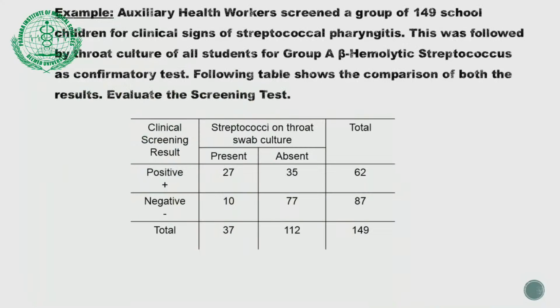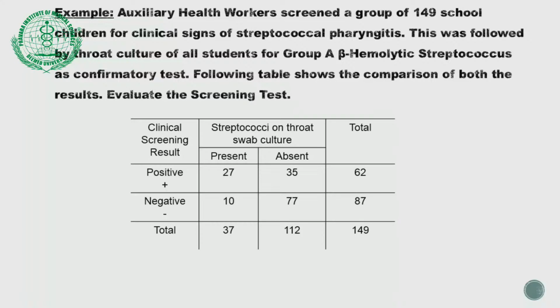Now that you know how to calculate the specificity, sensitivity, positive predictive value and negative predictive value for a screening test, you can solve this example. Auxiliary health workers screened a group of 149 school children for clinical signs of streptococcal pharyngitis.